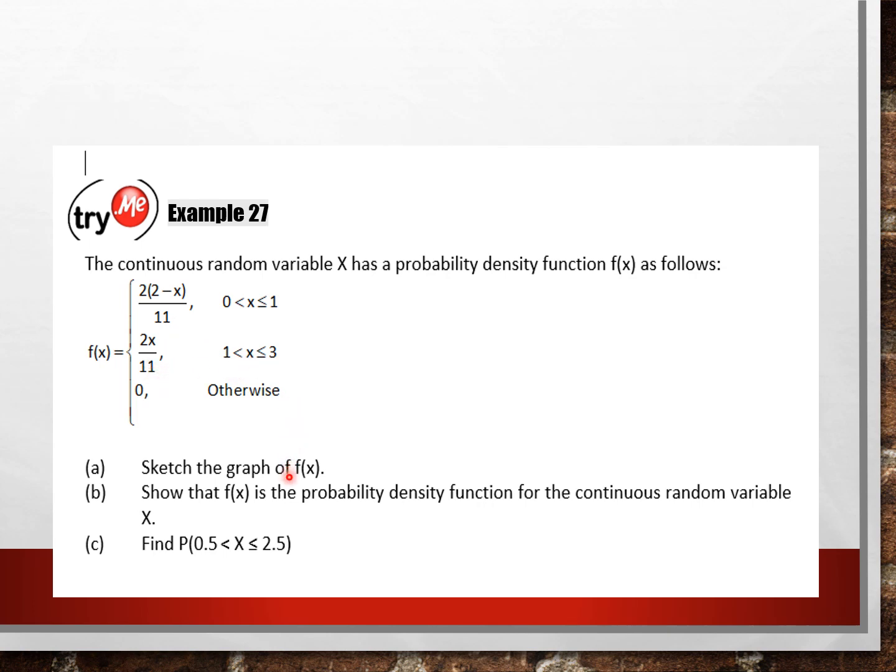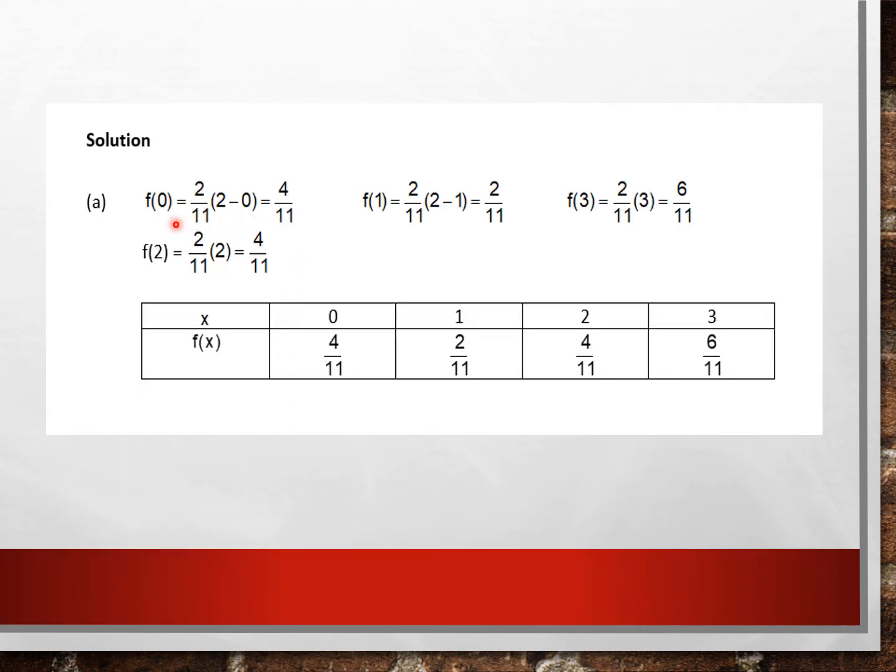So if you need to sketch a graph, you just substitute certain values of x into the function. For x equals 0, the function is 4 over 11. For x equals 1, you're going to have 2 over 11. For x equals 3, you're going to have 6 over 11. And for x equals 2, you're going to have 4 over 11.